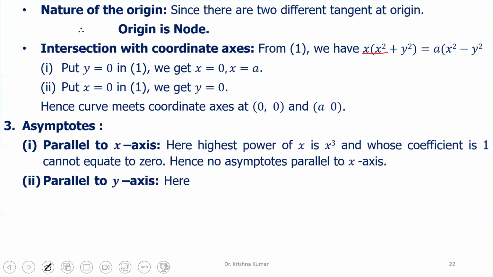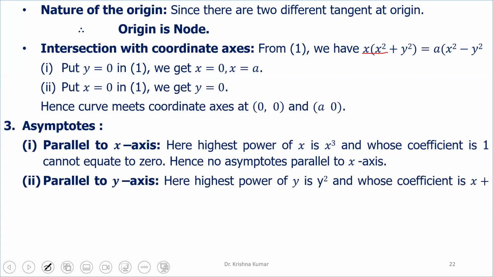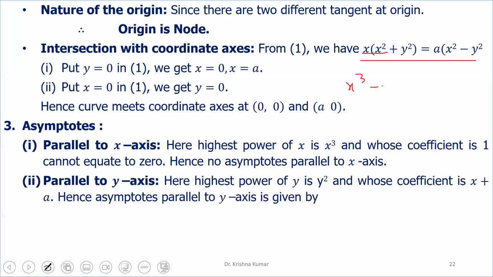Similarly, parallel to the y-axis, here the highest power of y is 2 and whose coefficient is x plus a. Now just look here, if we simplify it, x cube plus xy square equals ax square minus ay square.